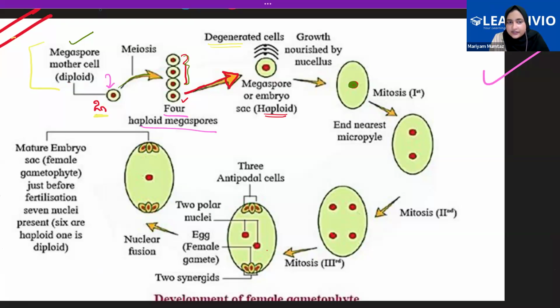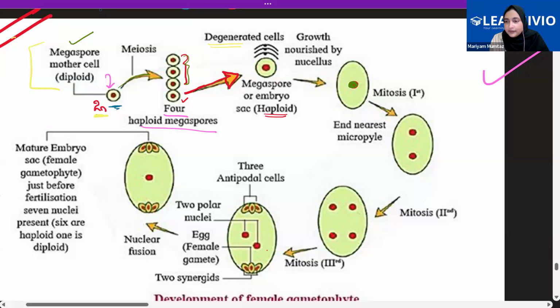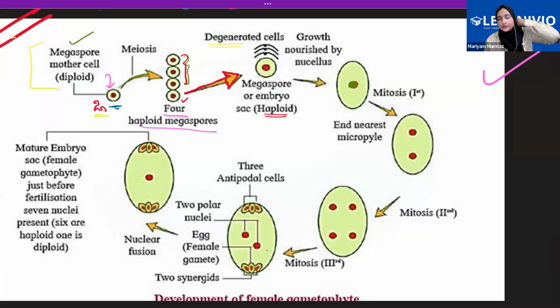This circular structure that you see is the megaspore mother cell. Now understand this very carefully. This one is undergoing meiotic division, and you know that at the end of meiosis, four haploid daughter cells are made. So here also four haploid, meaning one set of chromosomes, so four haploid megaspores are formed.